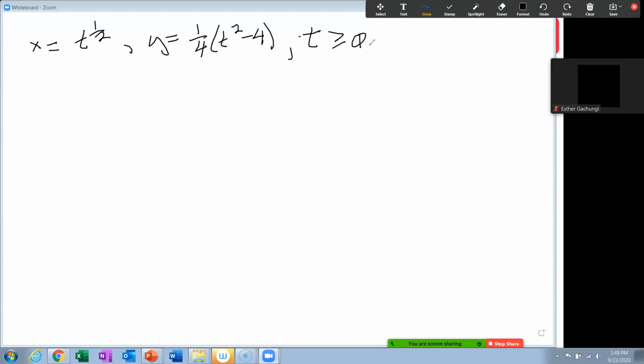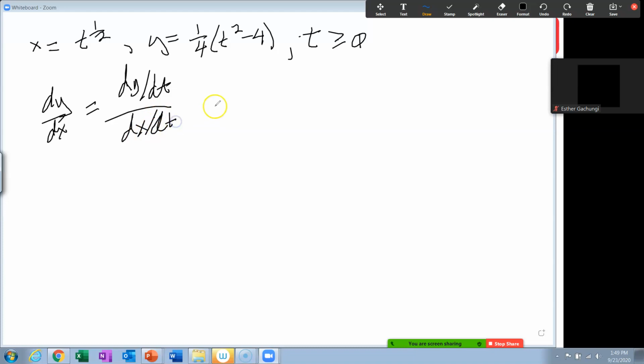So let's see first if we can do slope. What is slope? Slope is dy/dx. dy/dx is dy/dt over dx/dt. So that means we're going to take a derivative here. dy/dt is going to be 2 times 1/4, which is 1/2, of t. So it's t over 2.